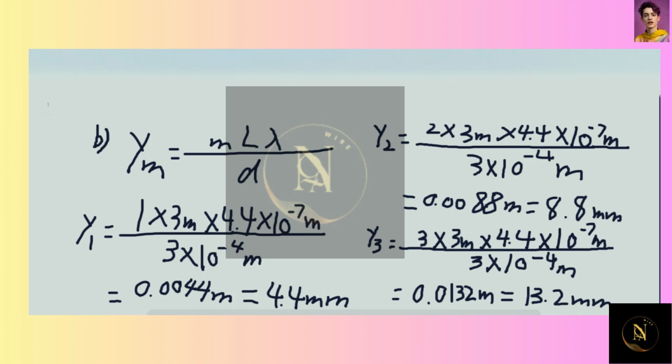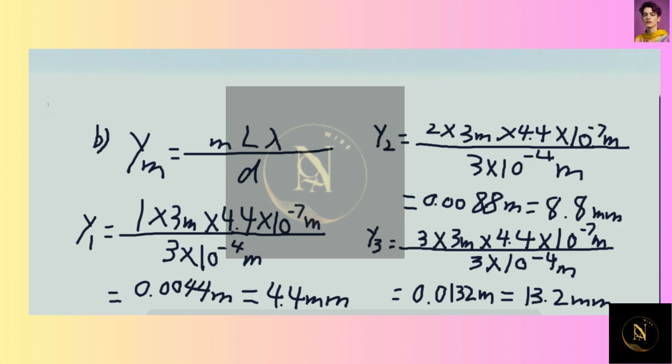Lambda is just the wavelength, which we already got, 4.4 times 10 to the negative 7 meter, or 440 nanometers. And d is the separation of the two slits, which is 3 times 10 to the negative 4 meter, or 0.3 millimeters. The reason we convert to meters is just to make the calculation easier.